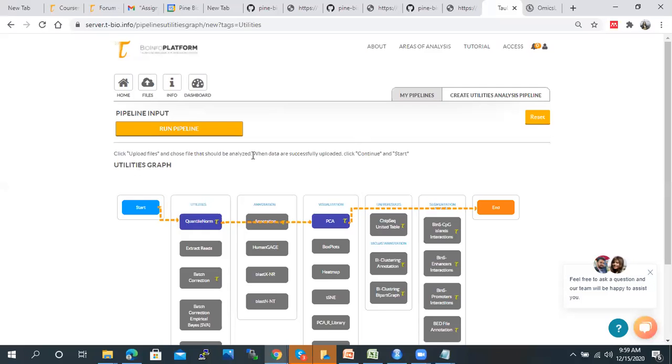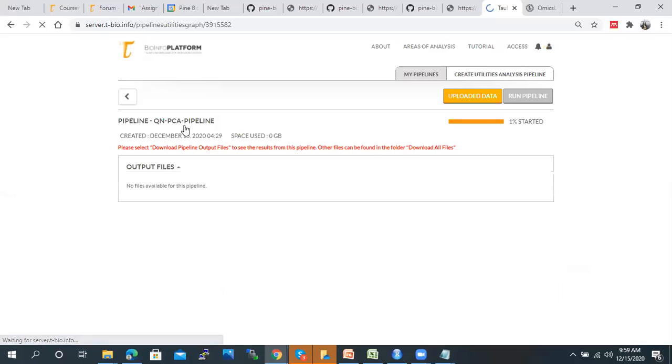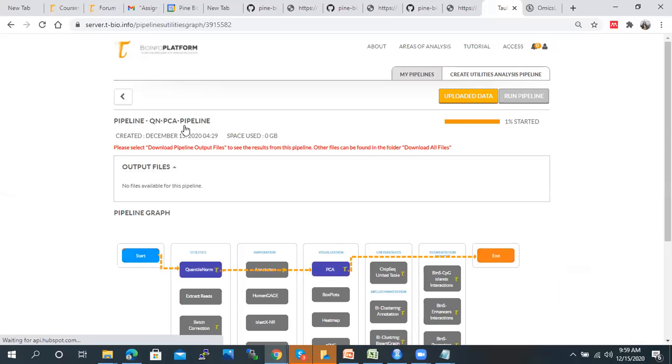Now save it and run this pipeline. It will again take about 4-5 minutes to complete. So how many of you are able to run this pipeline?